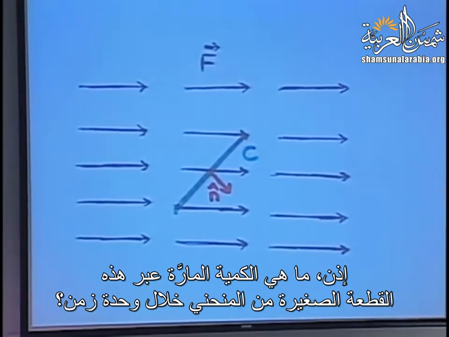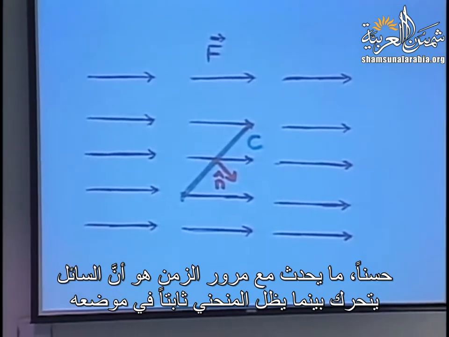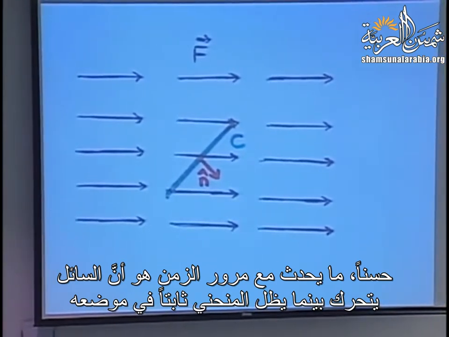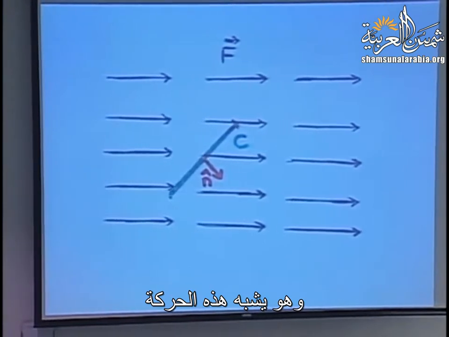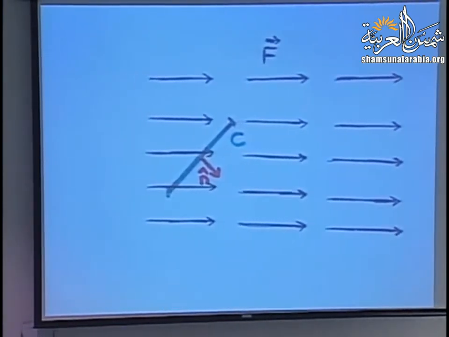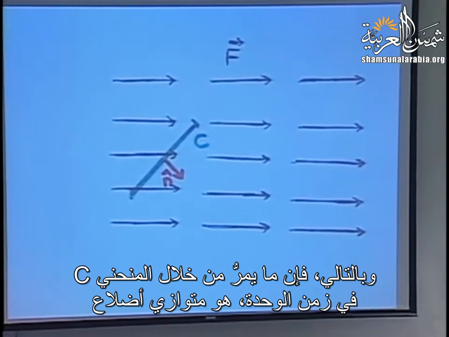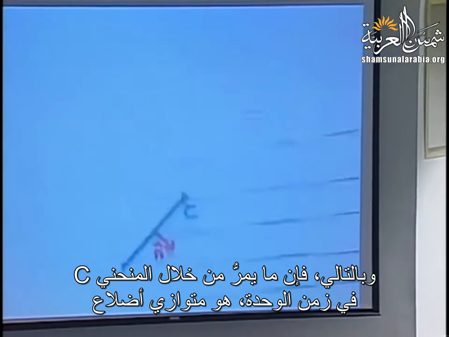So now, how much stuff goes through this little piece of curve per unit time? Well, what happens over time? The fluid is moving while my curve is staying in the same place. I claim that what goes through C in unit time is going to be a parallelogram.